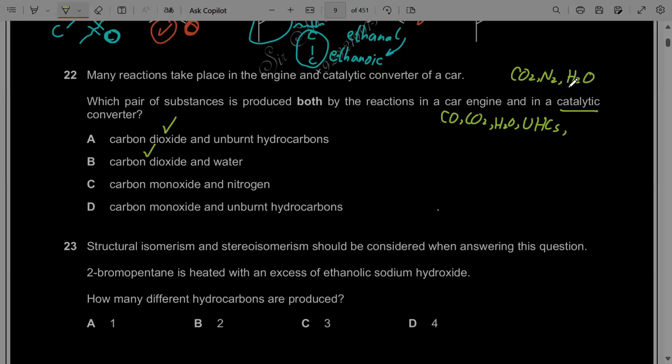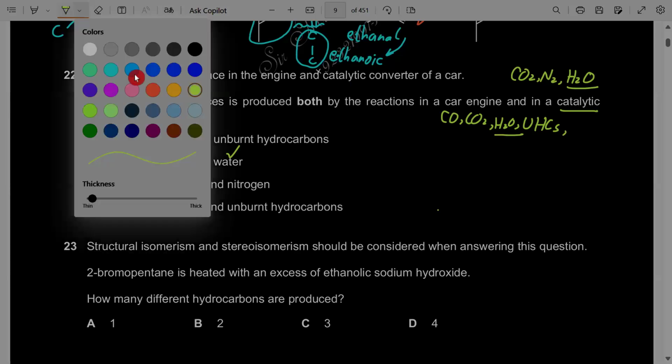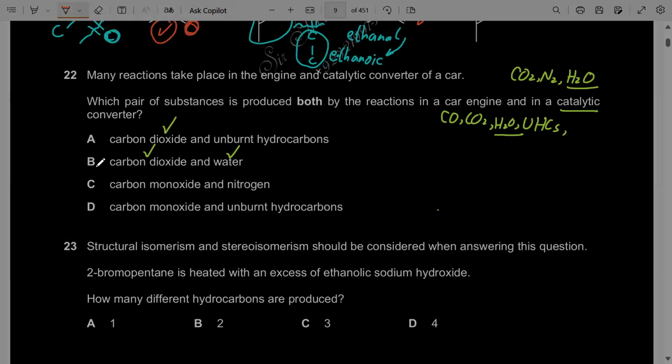Water is produced both by the catalytic converter and by the engine. So water is produced, but there is no water in any other option. So this leaves us with the correct option, option B of question number 22.